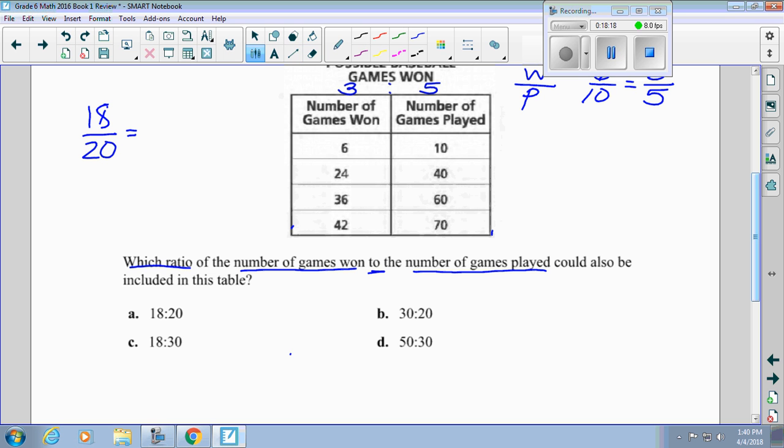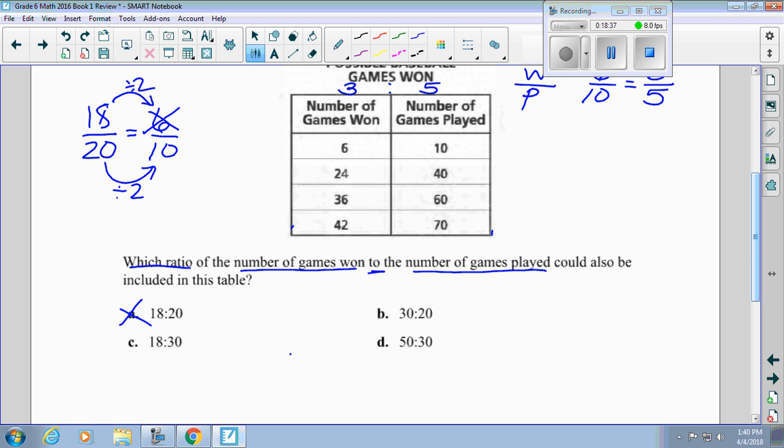All right, let's say you didn't simplify and you just kept it 6 to 10. I know I have to divide 20 by 2 to get 10. And if I take 18 and divide it by 2, I'm going to get 9, not 6. So that first option does not work.